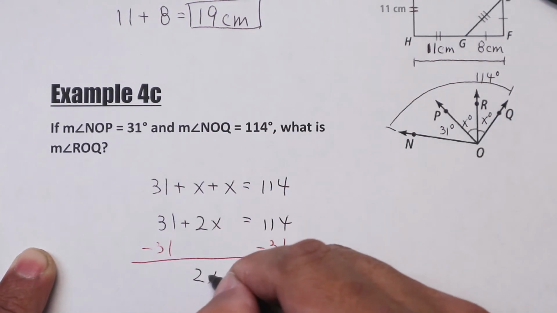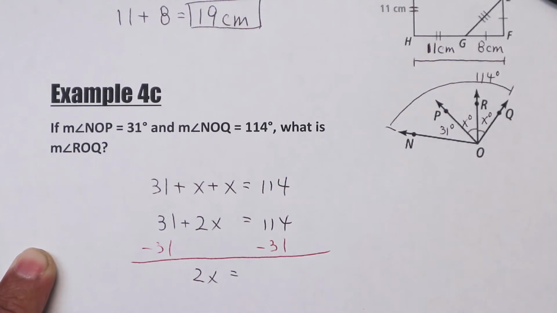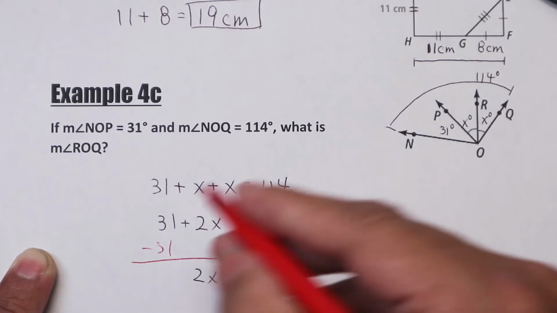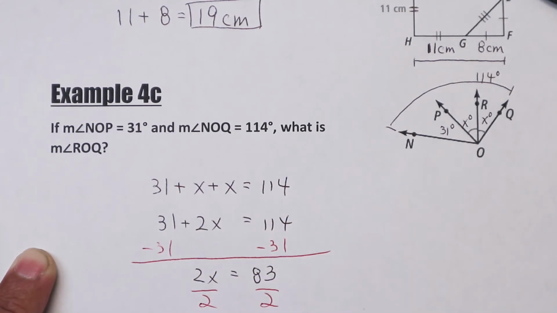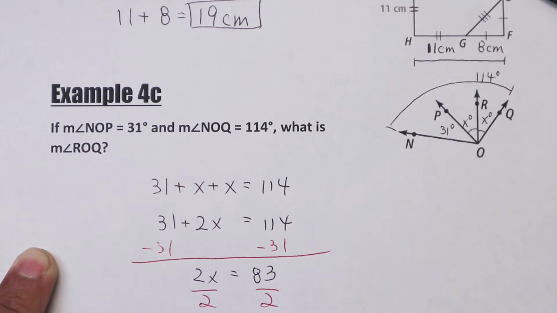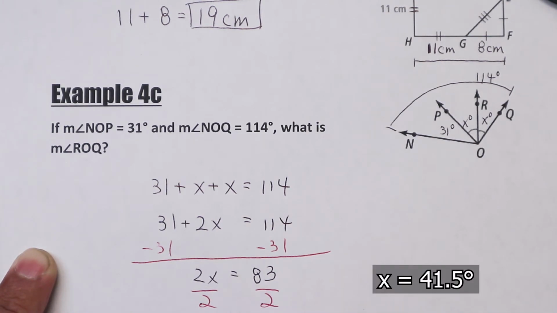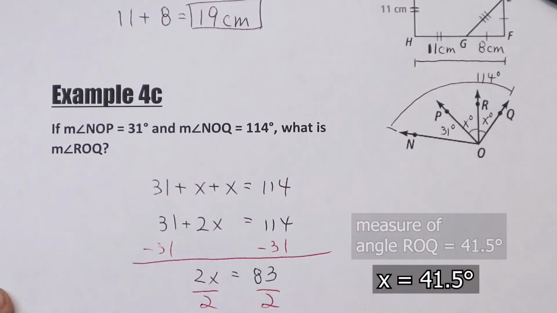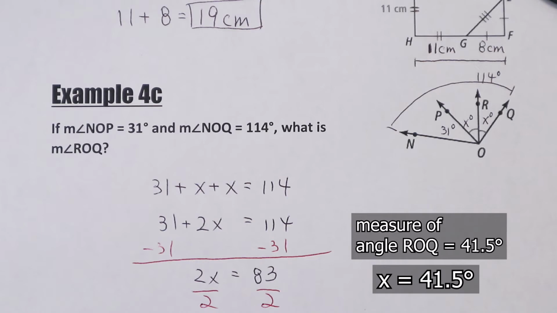And you're going to have 2x is equal to 114 minus 31, which is 83. If I divide both sides by 2, you'll have a decimal, but a very nice decimal. So 83 divided by 2 is 41.5 degrees. That means the measure of ROQ, which is your x, is 41.5 degrees.